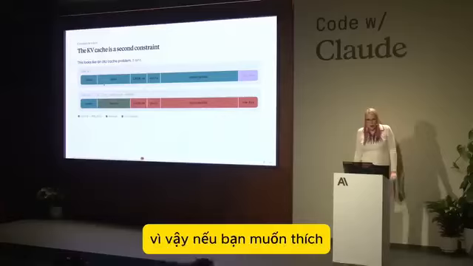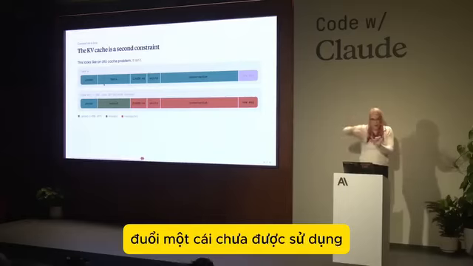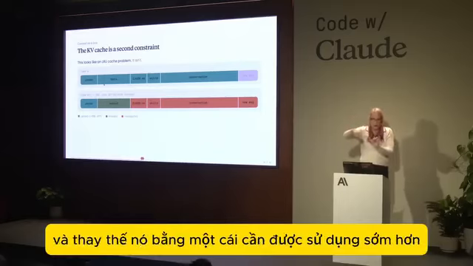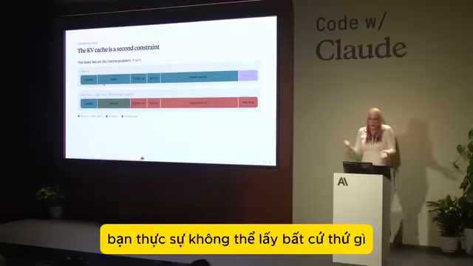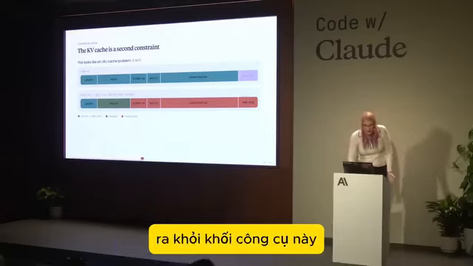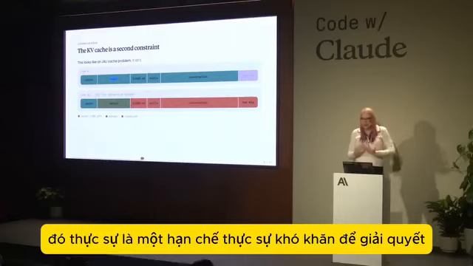So if you wanted to only include a certain number of tools and then evict one that hasn't been used and replace it with one that needs to be used sooner, you can't do that. You can't actually take anything out of this tools block without invalidating the entire rest of the cache. And that's a really hard constraint to work around.